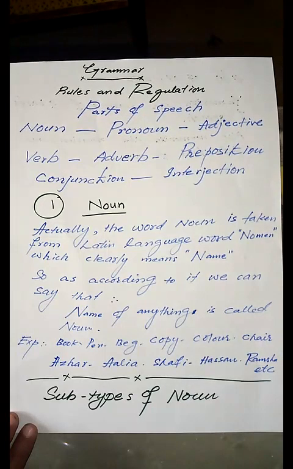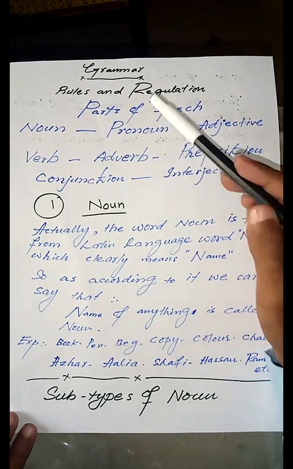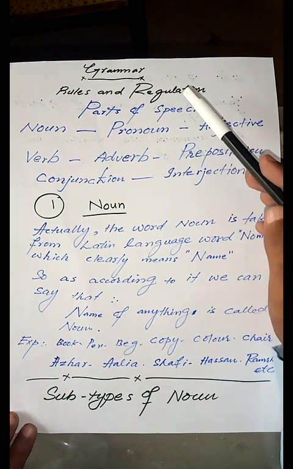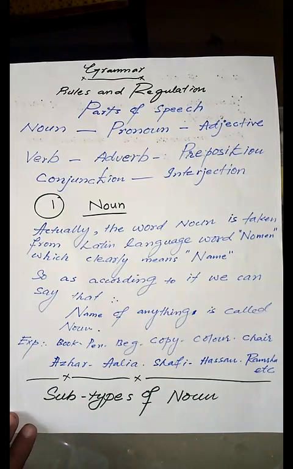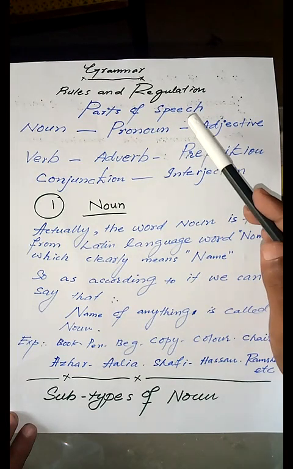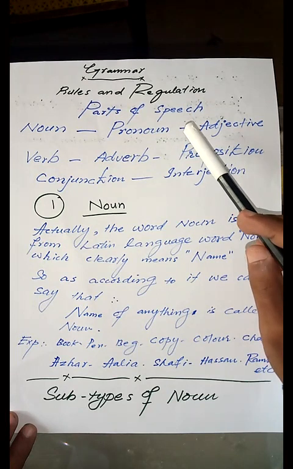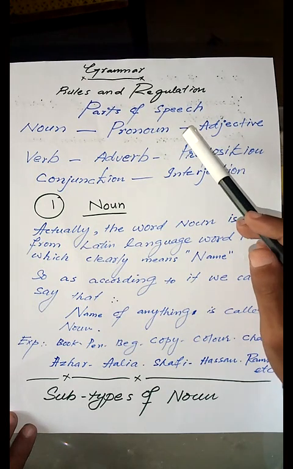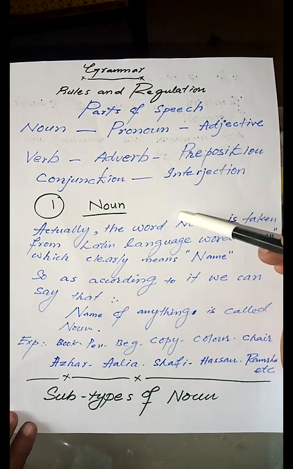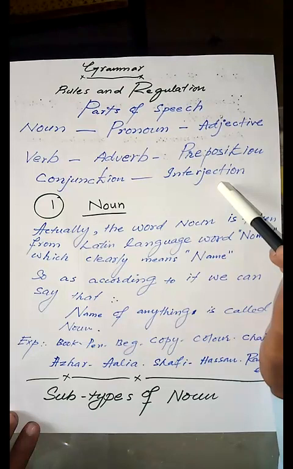Okay students, grammar is based on rules and regulations, and the rules and regulations are divided into 8 parts.